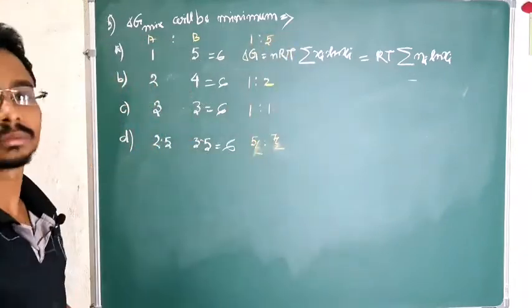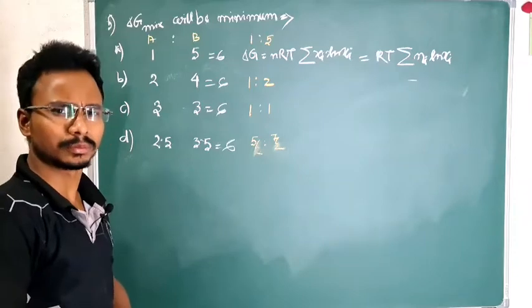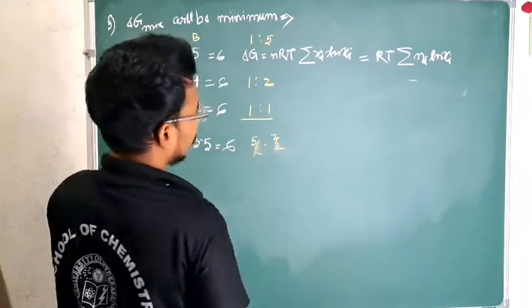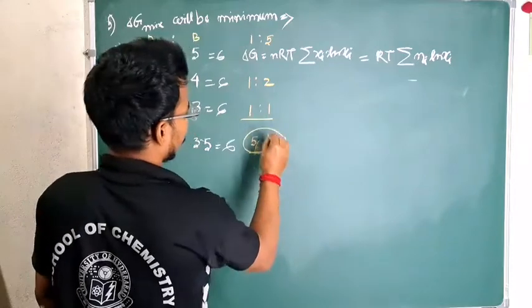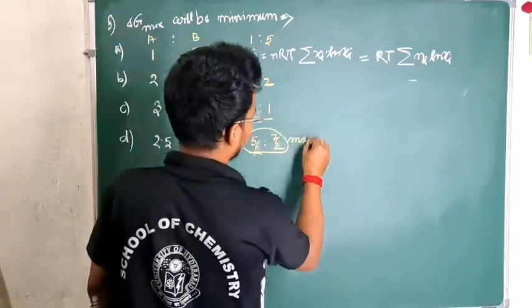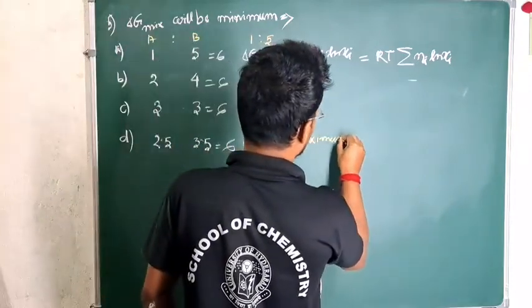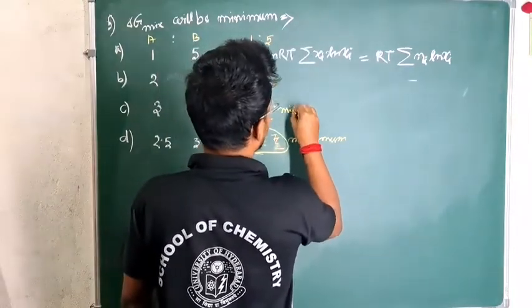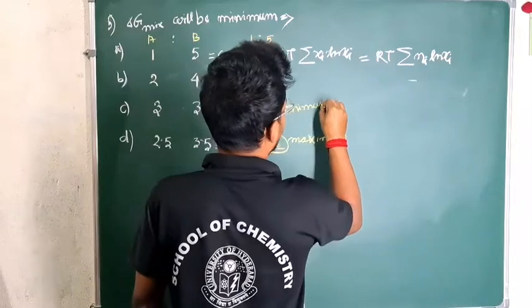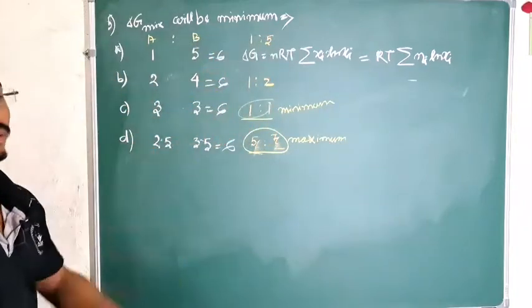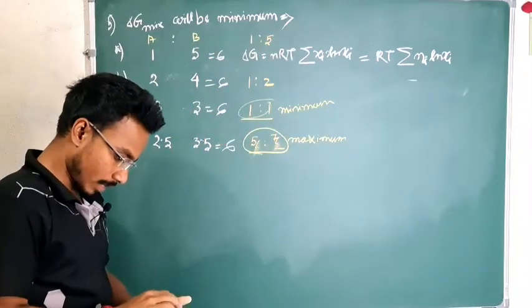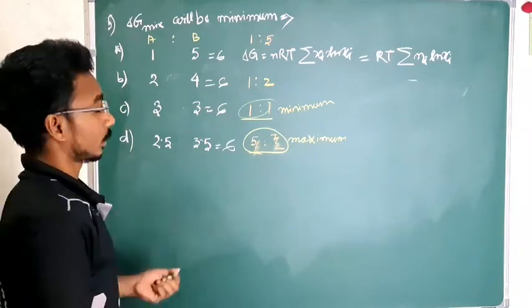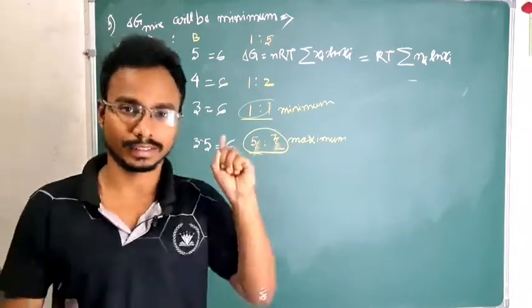So tell me what is the maximum and what is the minimum. Now it feels easier. So 1:1 will be minimum, 5:7 will be maximum, and this will be minimum. This may be a short question, but it is a very tricky question. Okay, let me remove this and proceed to our next question.